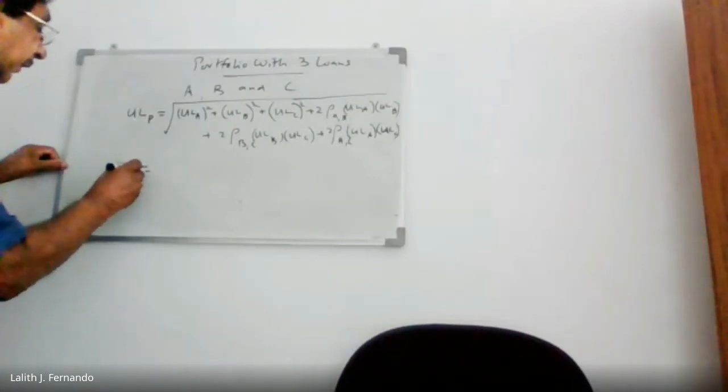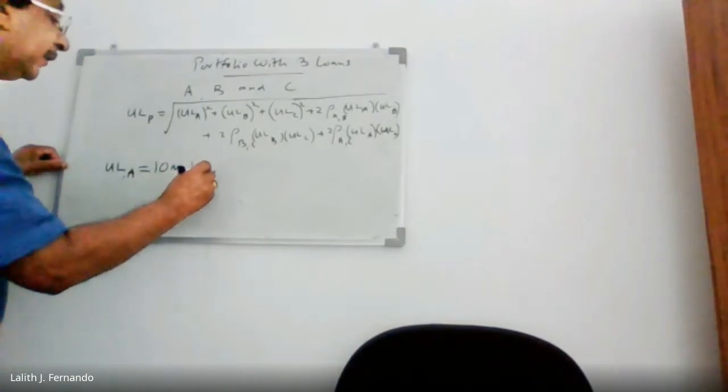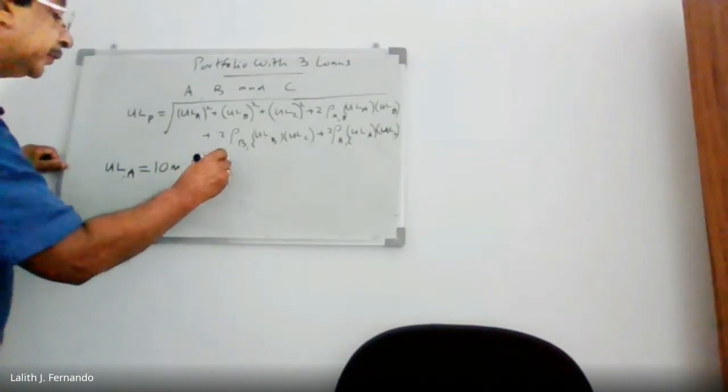ULA is equal to 10 million. ULB is equal to 20 million.